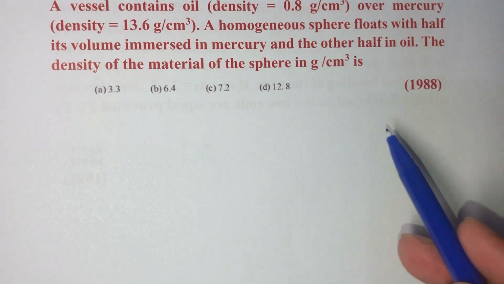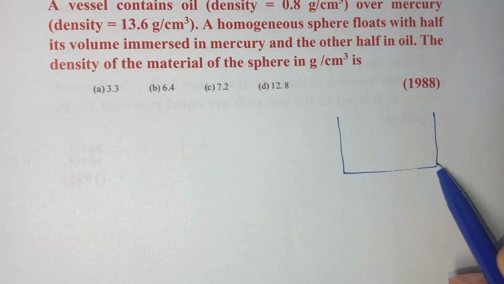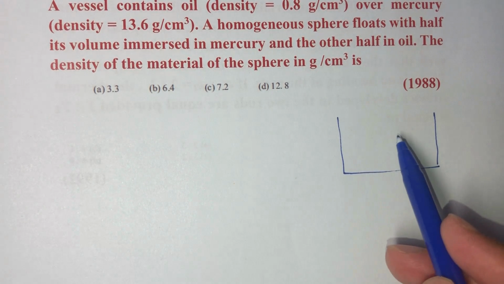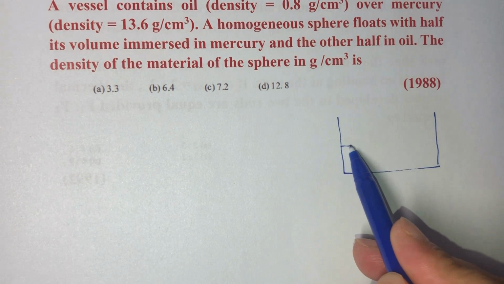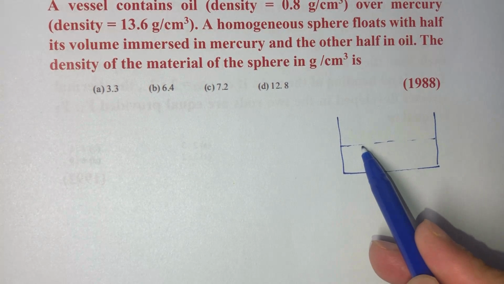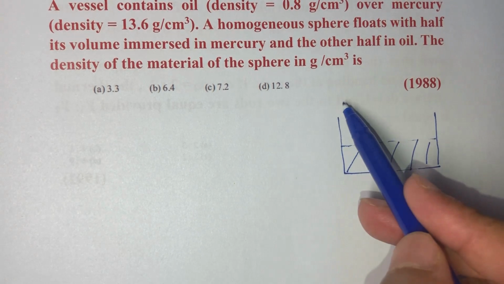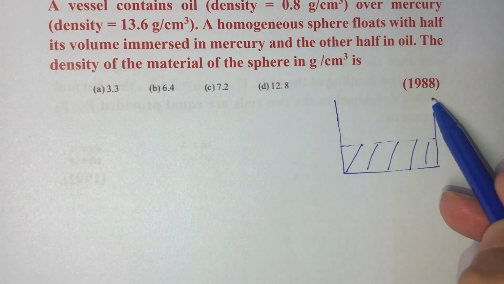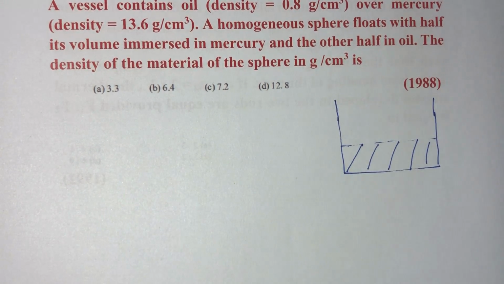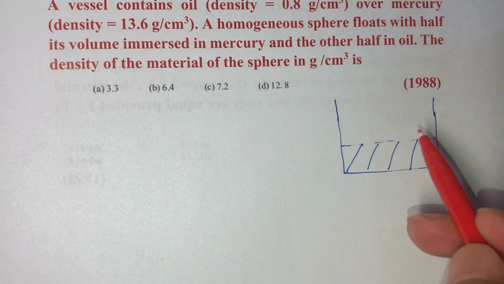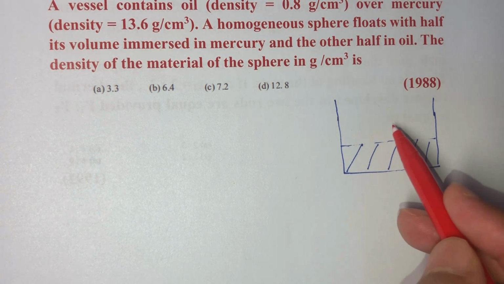So we have a vessel, and it says that the oil is over mercury. So let us suppose this is our mercury, and above this we have oil, and there is a sphere with half of it in oil and half in mercury.